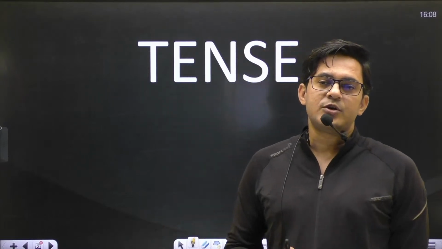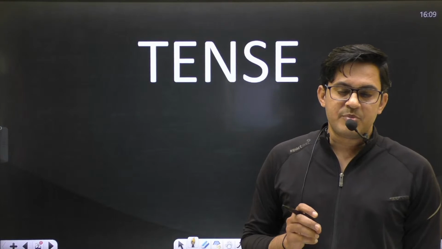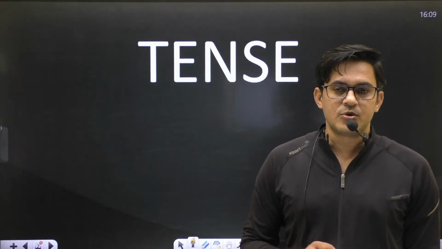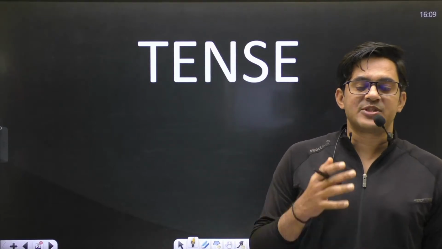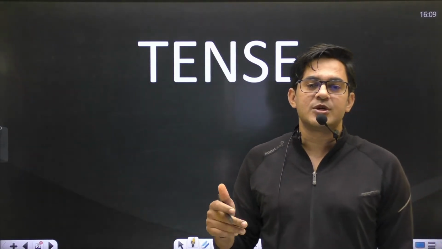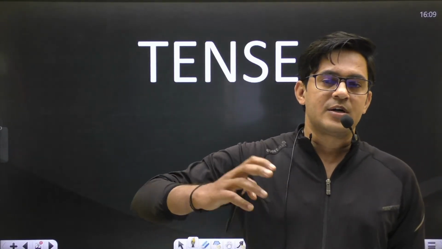In today's lecture I'm going to teach you some practice questions, and the main motto of this class is to cover everything, practice plus concepts. We don't need to focus on the chapter in depth and detail. I will cover the concepts with the help of practice questions.